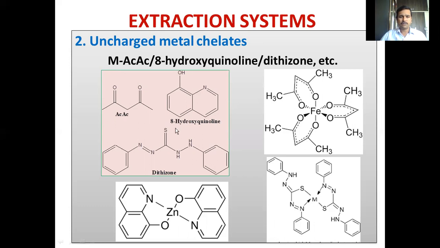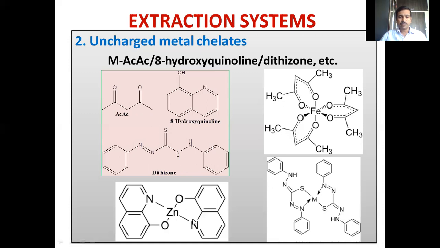As a result of rapid complexation reaction, the chelates are formed. Say for example, if you take iron, or zinc. Here, iron has reacted with acetylacetone, and the acetylacetone iron complex has been obtained, and this is a metal chelate of iron and acetylacetone.